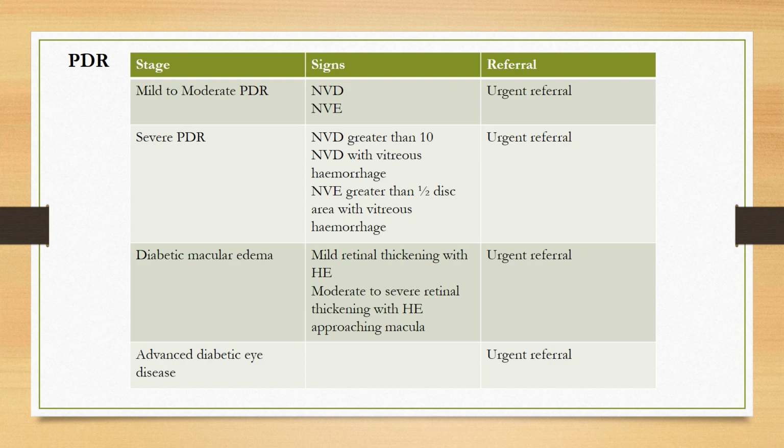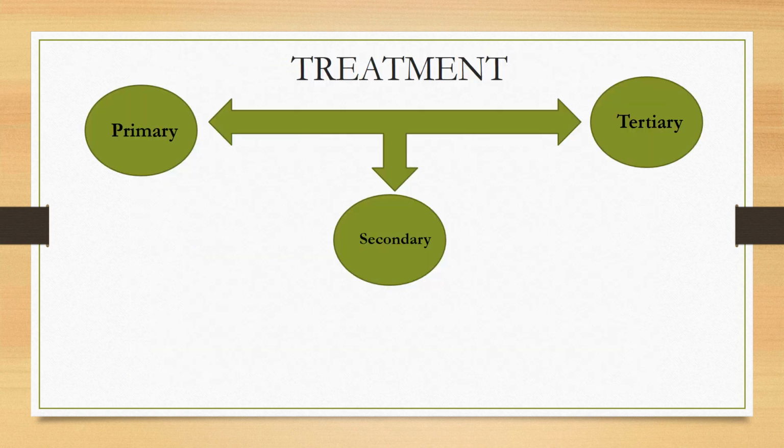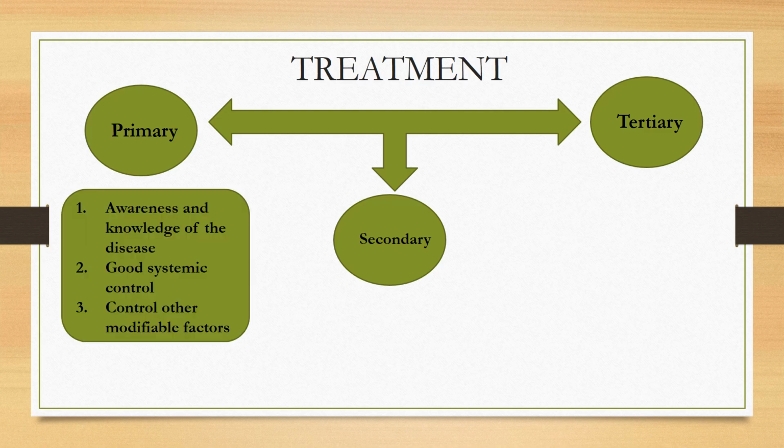Okay, then we'll just see the treatment modalities. Treatment can be divided into primary, secondary and tertiary. Primary is where you advise the patient properly on better glycemic control, and where the risk factors can be modified.